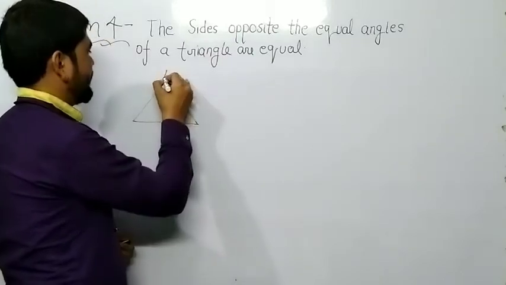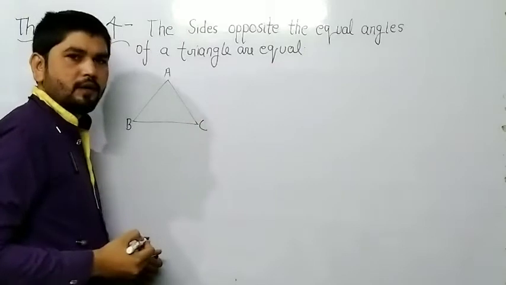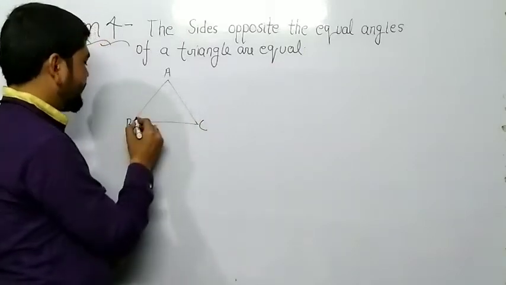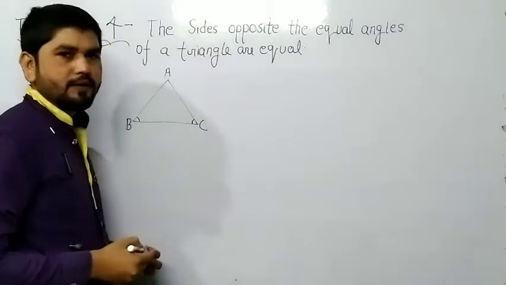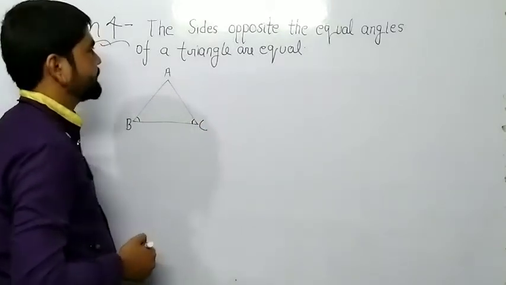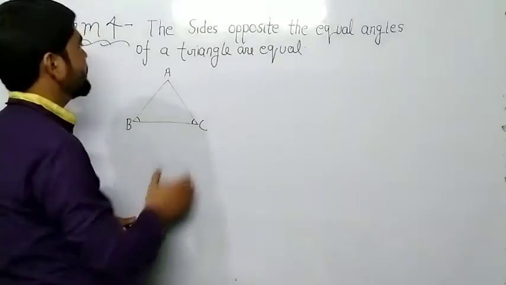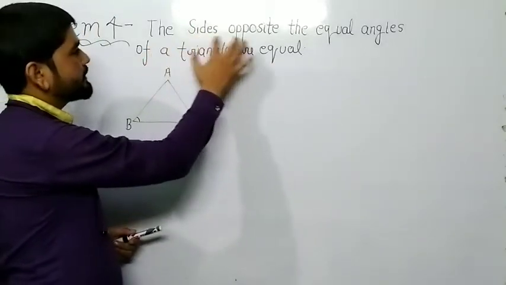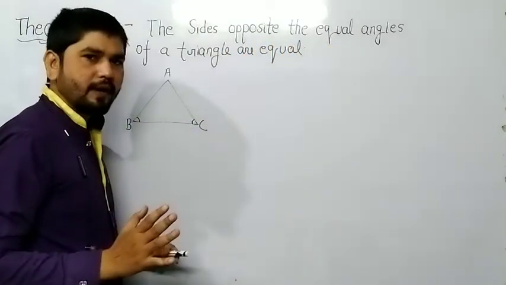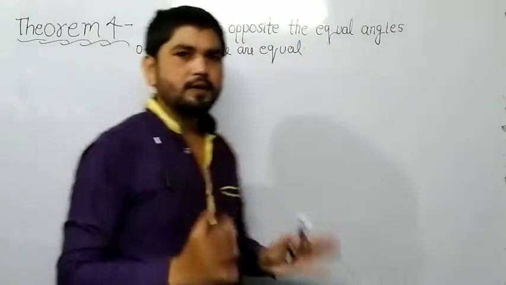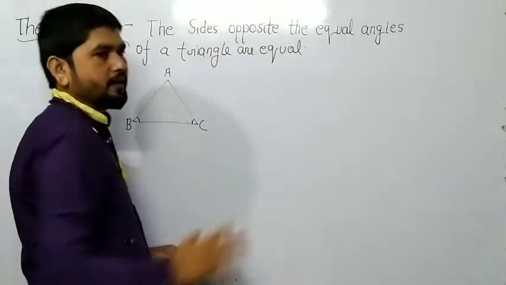Okay guys, I have drawn a triangle ABC. And what is given here? It is given here angle B is equal to angle C, because the theorem says that the sides opposite the equal angles of a triangle are equal.